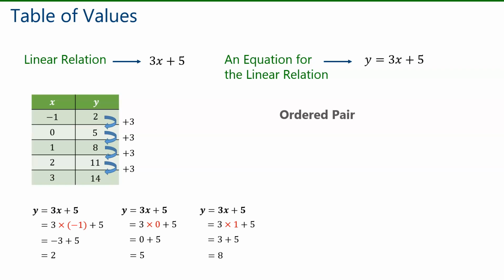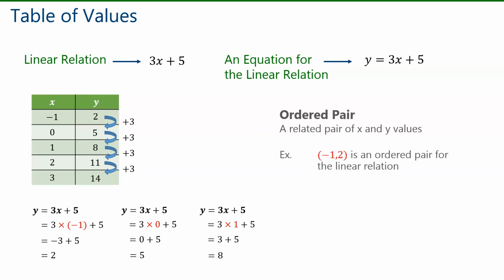And we're going to quickly review the definition of an ordered pair, which we also learned in grade 7. An ordered pair is a related pair of x and y values. So what does that mean exactly? Well, if we look at our table of values, when x is -1, y is 2.